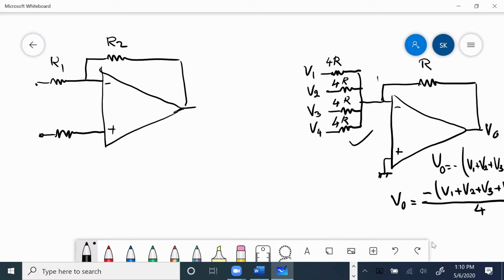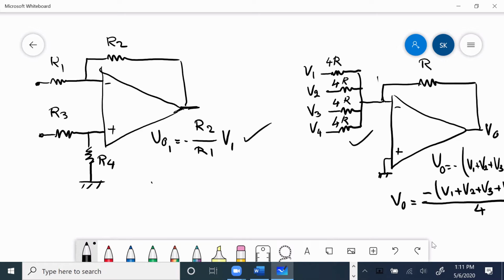Let me just this time call this R3 and R4 just to be different. Of course, then we can see how it works. So V out 1 would be minus R2 over R1 V1. That we know.